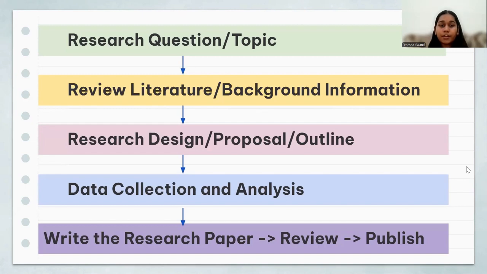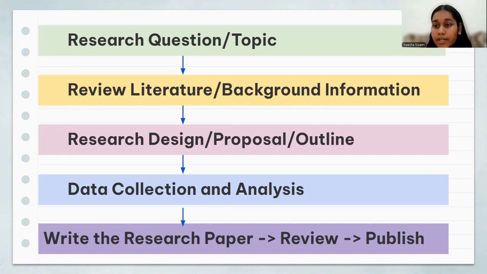So here on your screens is a flowchart of the research process. We begin by developing a research question. A research question is a guiding point for your research project. It usually depends upon the length of your project, the type of research you will be conducting, etc. The next step is literature review, which literally means to review the existing literature.